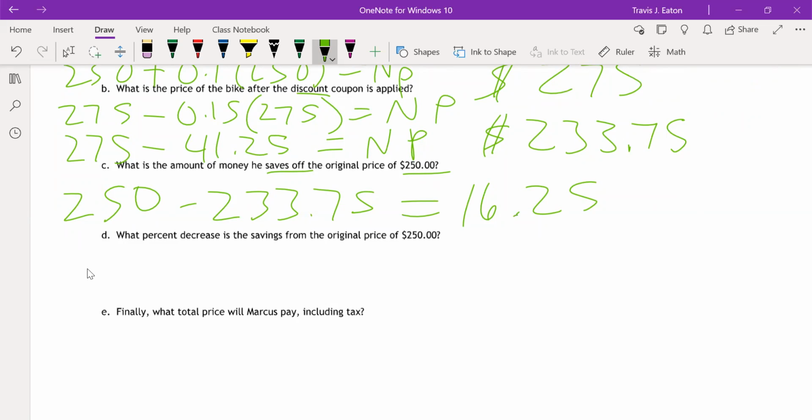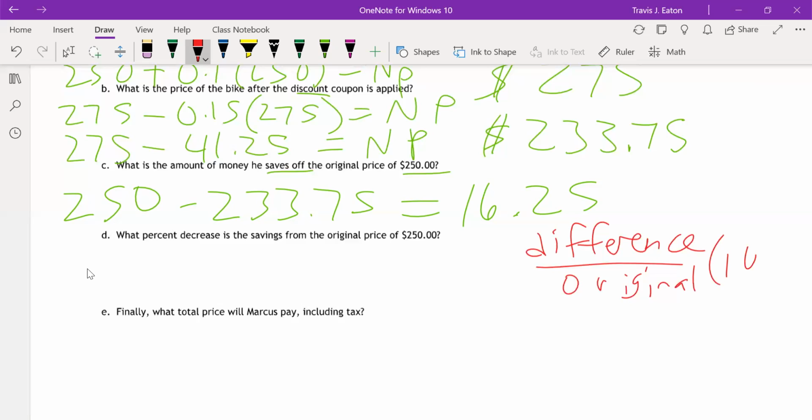Well, remember when we were looking for percent increase and decrease, the way to find that is you have to find the difference between the original price and the new price, and then divide that by the original price. And then you multiply that by 100. That will find you the percent increase or decrease.